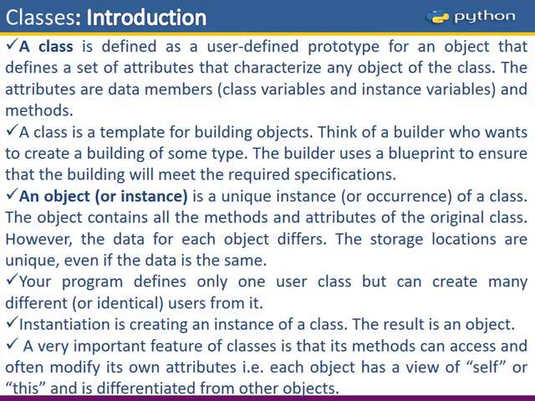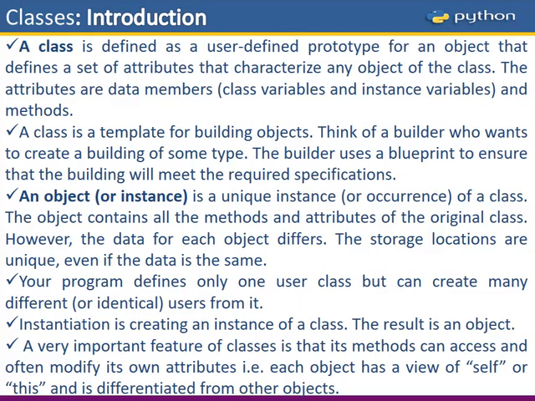To define a class further, a class is defined as a user-defined prototype for an object that defines a set of attributes that characterize any object of the class. So it's a user-defined prototype for an object.